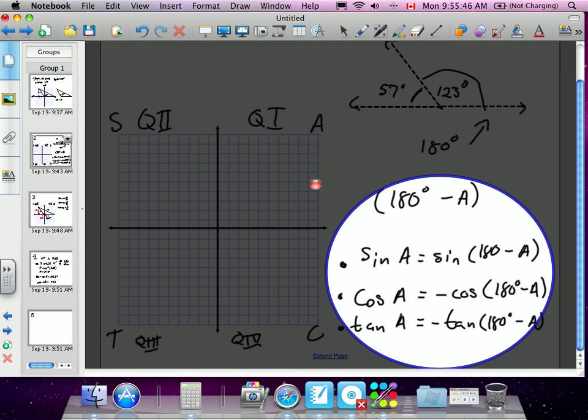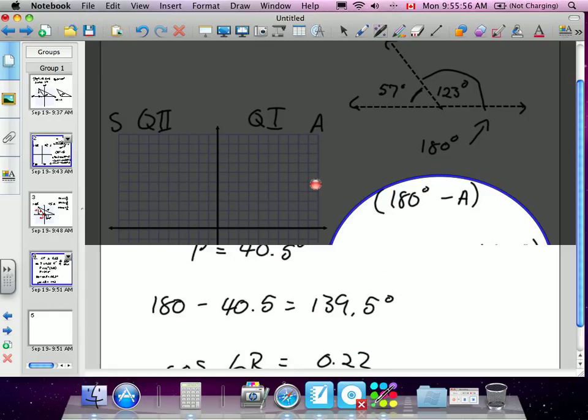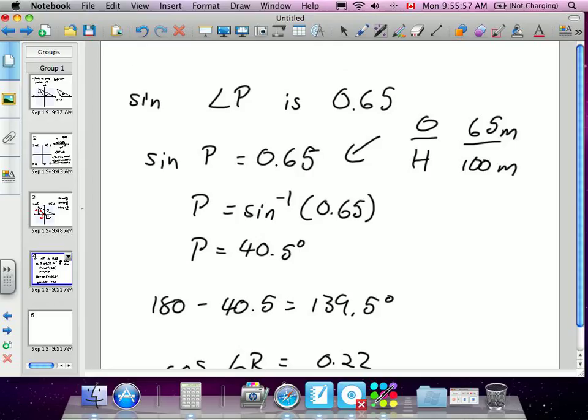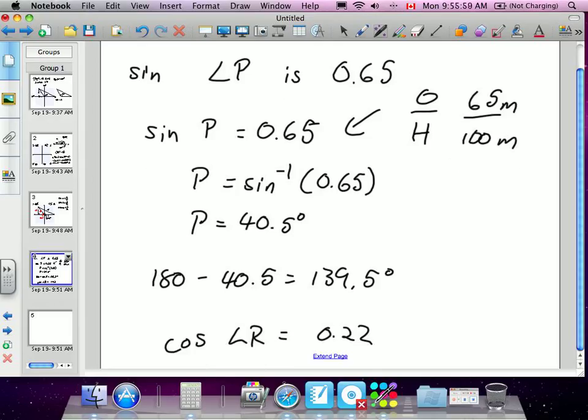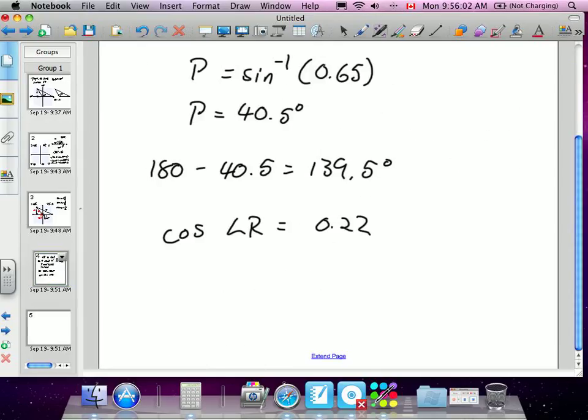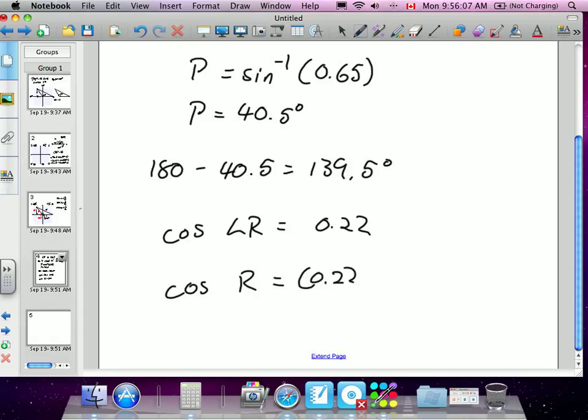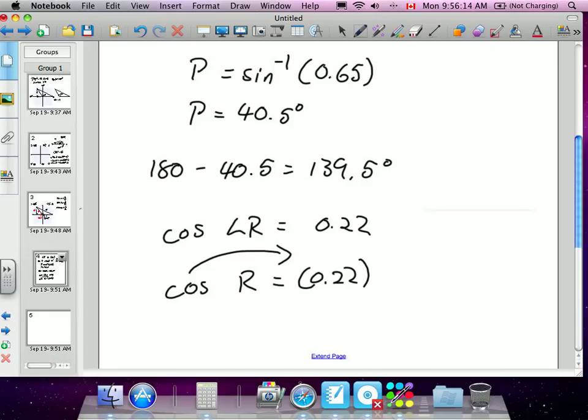You need to use cosine of A is equal to negative cos 180 minus A. So you need to set up your ratios like that. So all the homework will just be given to you. They've already put your sine together. You just need to set it up in an equation. So we'd end up with cos of angle R is equal to 0.22. And you will be moving cos to the other side and then figuring out what the obtuse angle is.